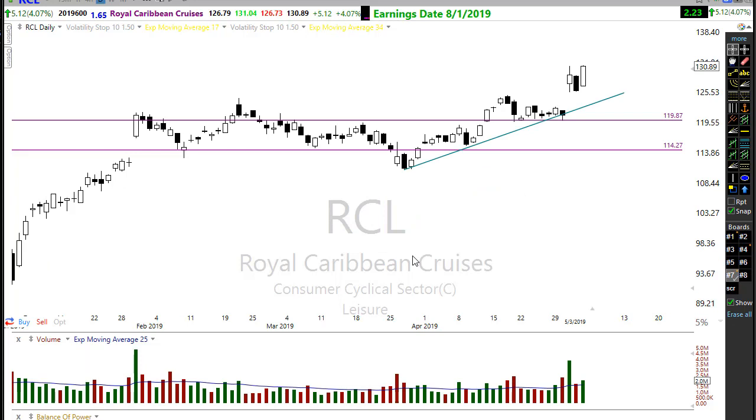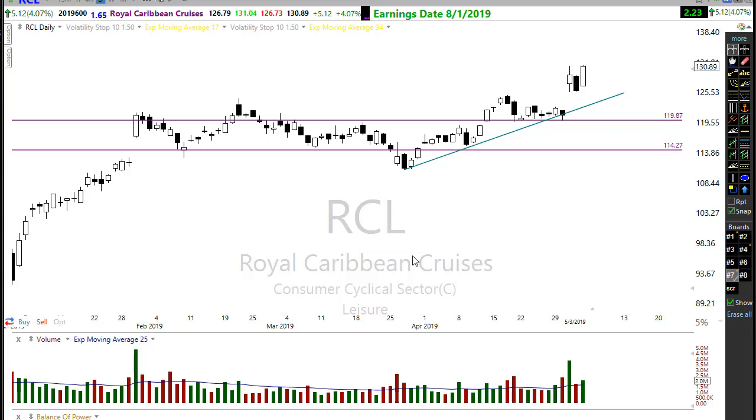Now, people use lots of different patterns. There's diamonds, there's trumpet patterns, there's a slew of patterns out there in the market. You can get really deep in the weeds on some patterns.